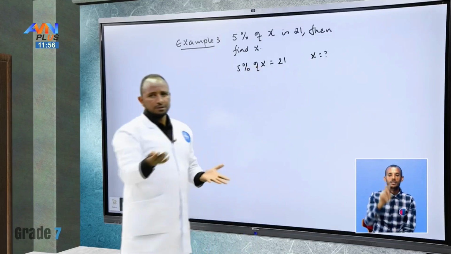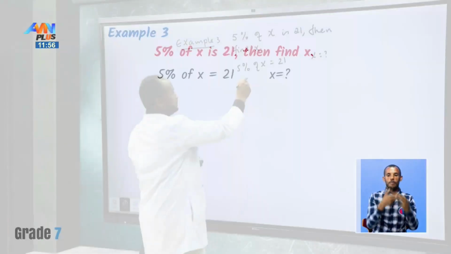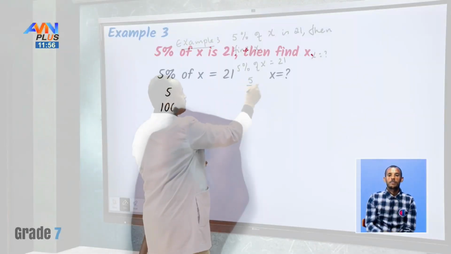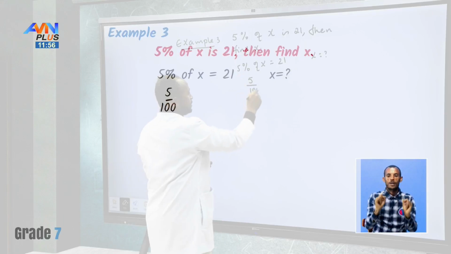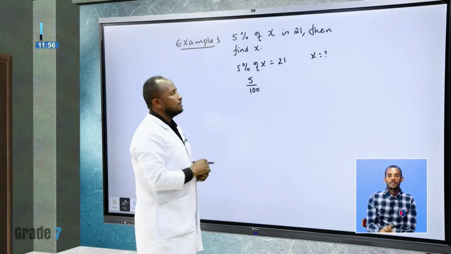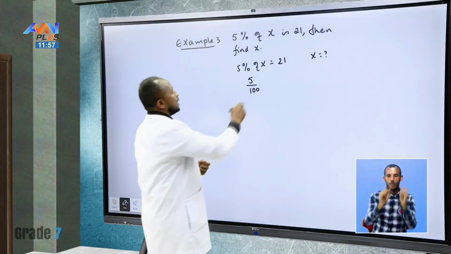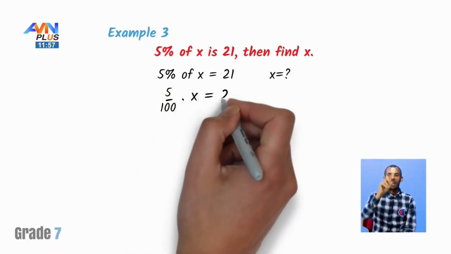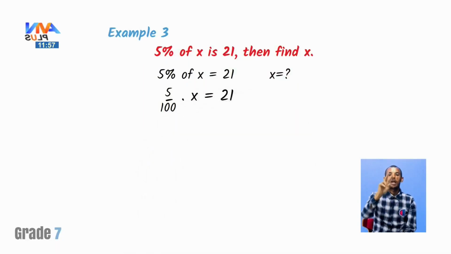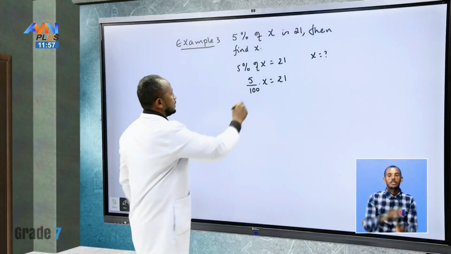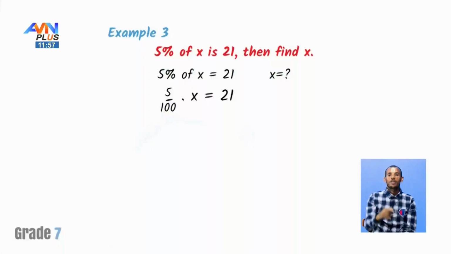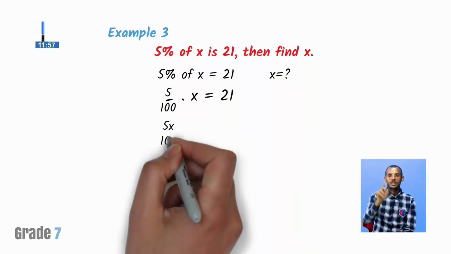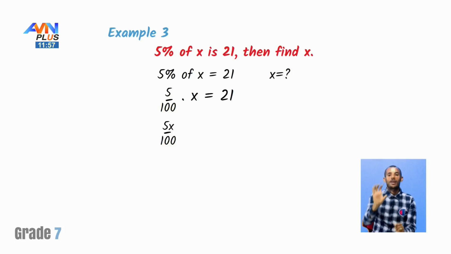Of means times. Therefore here, 5 over 100, 5% means 5 out of 100, times x gives you this 21. Therefore, here, 5 times x, it is 5x over 100 gives us 21.